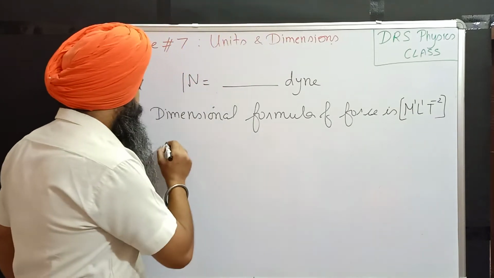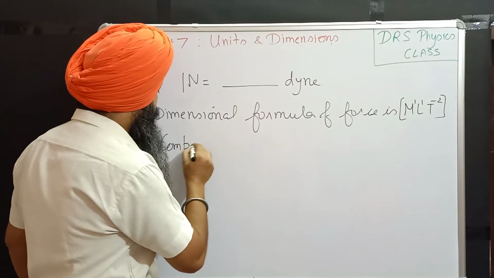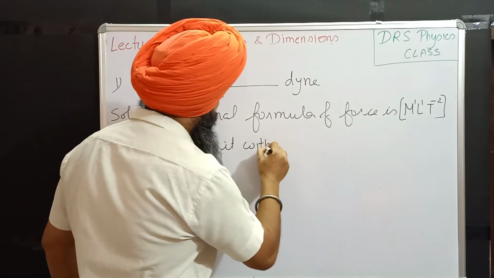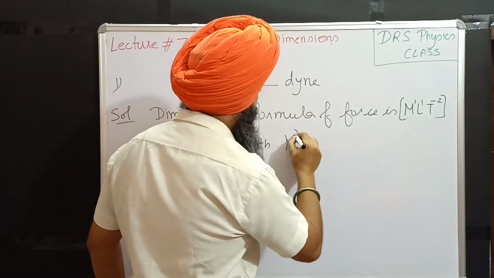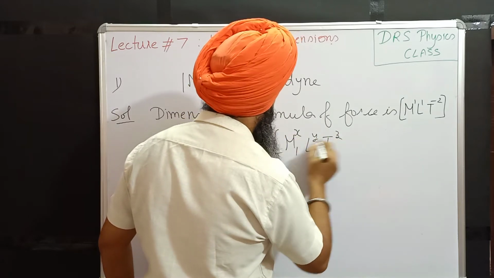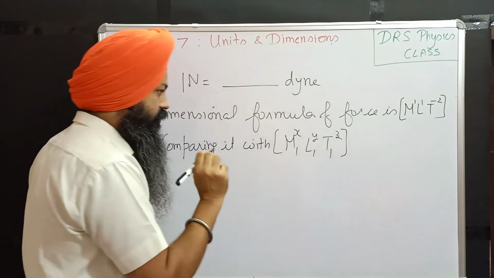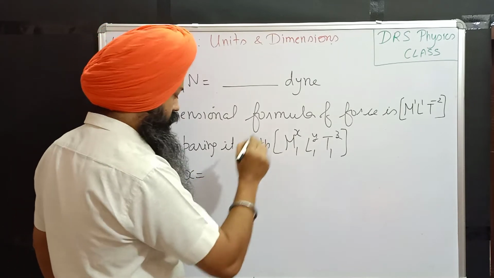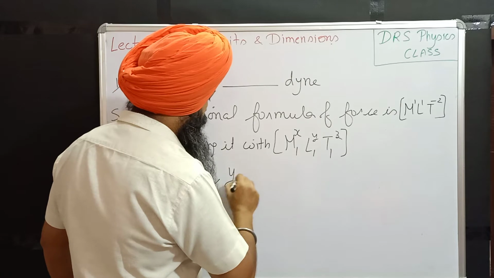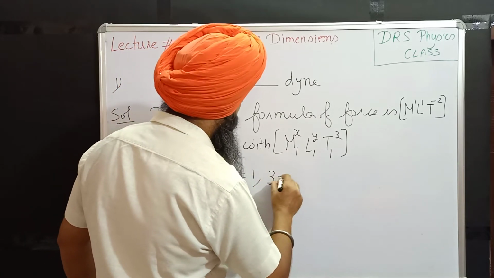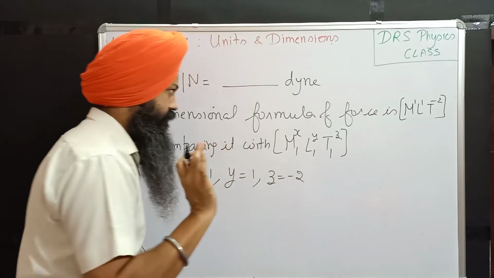Now comparing it with M^x L^y T^z, what do we find? We find x is equal to 1, y is equal to 1, z is equal to minus 2.